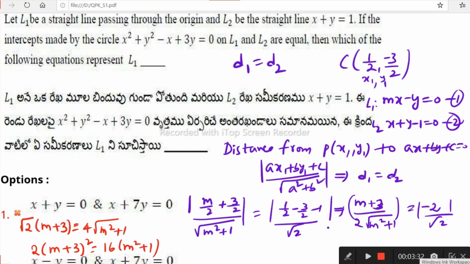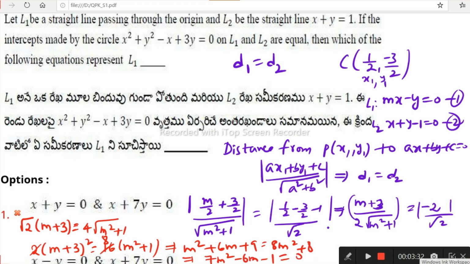Now it is cancelled, 8 times. Left side expansion is m square plus 6m plus 9 equals the right side 8m square plus 8. Further simplification: 8m square minus m square is 7m square minus 6m minus 1 equals 0.